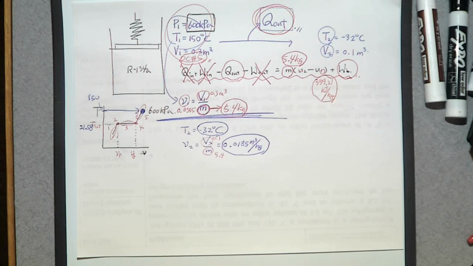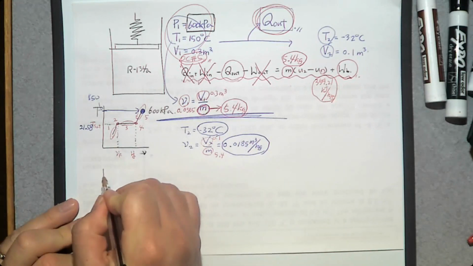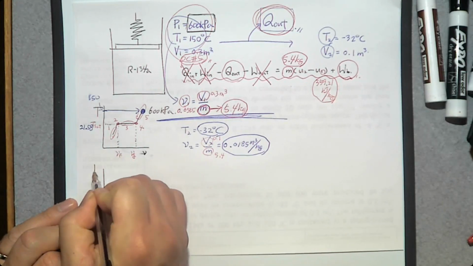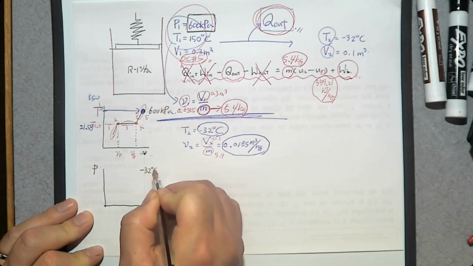Unfortunately, if you want to make a TV diagram, you need to know pressure, but we have no pressure information at the final state. We only know temperature. So at the final state, we can make a PV diagram at minus 32 degrees Celsius.